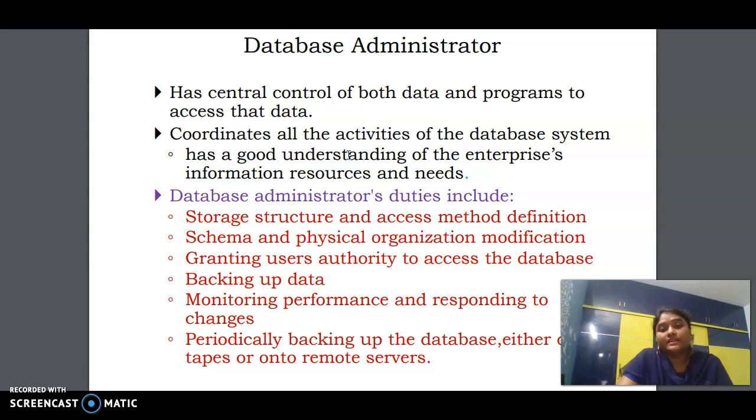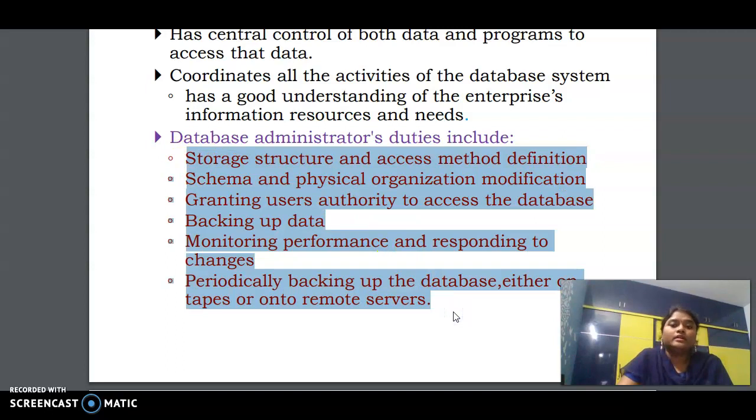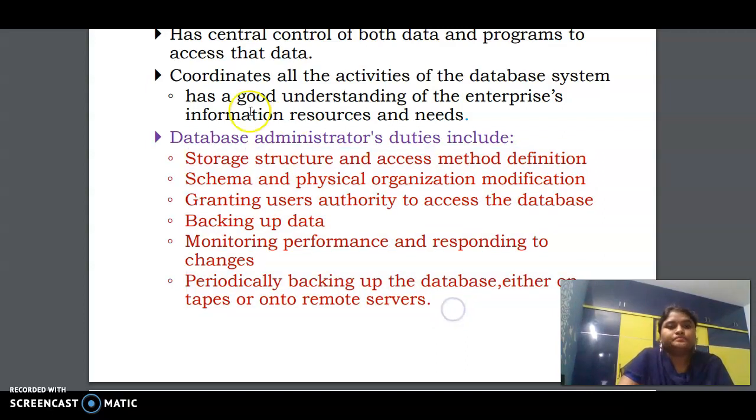As I said in the previous classes, security is level-wise in a database, right? So he coordinates all the activities of the database, and he maintains good resources, and whatever information is needed, he maintains all the information. These are the important duties performed by a database administrator. We can also term him DBA. DBA stands for database administrator.